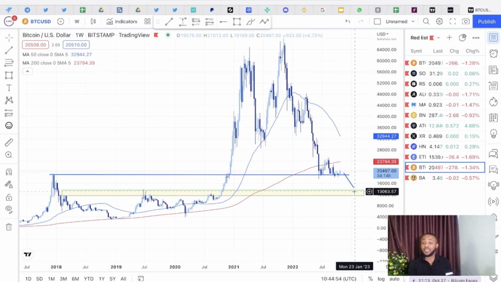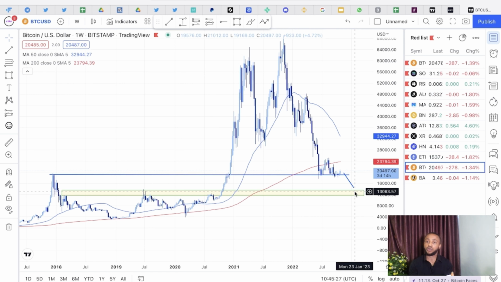It is very, very likely, especially with the current macroeconomy. We know that we're currently close to a recession, and that tends to affect the prices of stock markets, crypto markets, and most financial assets.